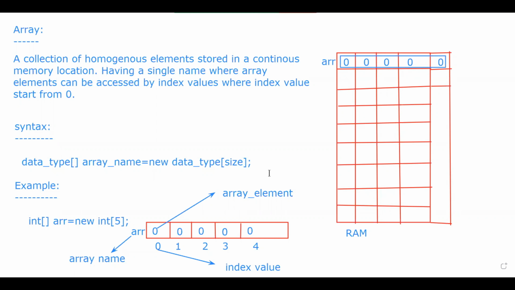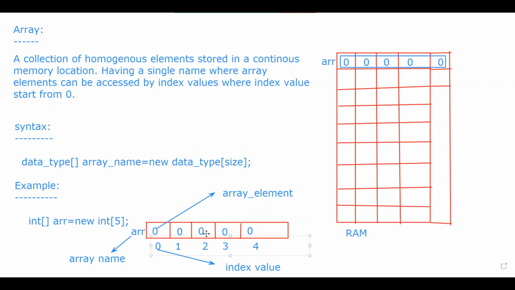I believe you guys are getting it: array name, index value, and array element. To access an array element, the definition says to make use of an index value. If you want to access the 0 present here, you tell the array ARR to give the value present at that index. If you want the 0 in the fourth index, you tell the array to give the value in the fourth index.